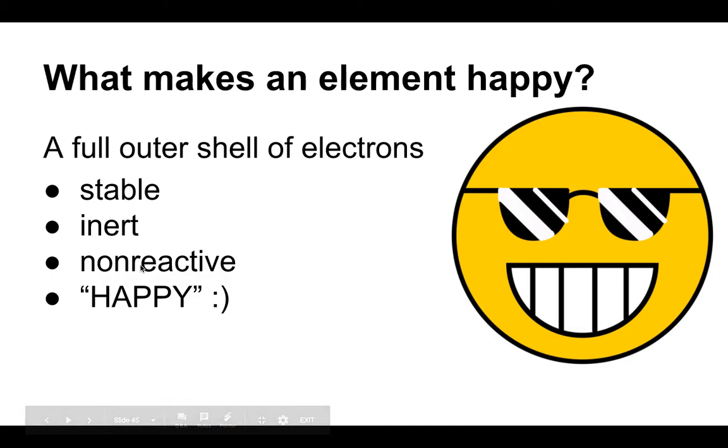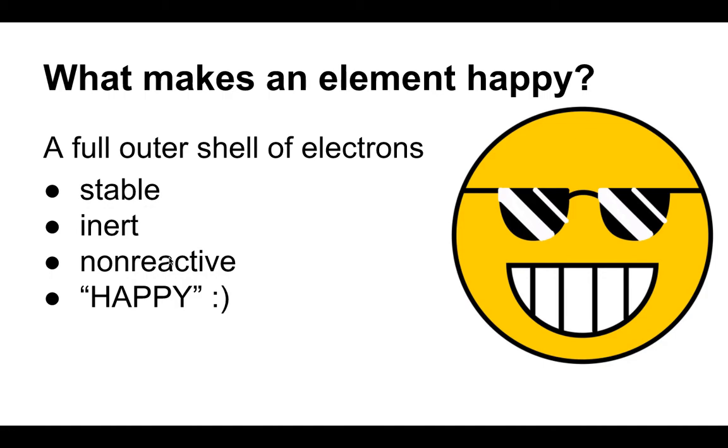So elements that do not like to react with other elements are happy by themselves, and I call them happy. What you need to know is that when an element has a full outer shell of electrons, that element is happy or stable and non-reactive.